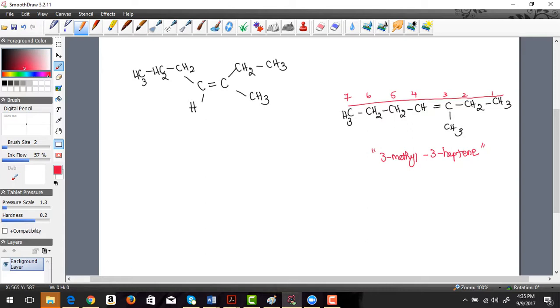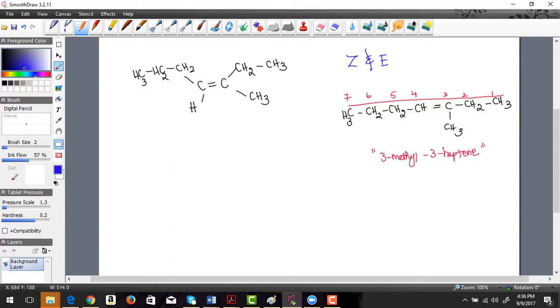Now we're going to use a different naming instead of cis and trans. Cis and trans can only be used when the groups you have on both sides are exactly the same. If you don't have identical groups on both sides, then you use Z and E. Z for Zusammen and E for Entgegen, I think it's German for same side and opposite side.